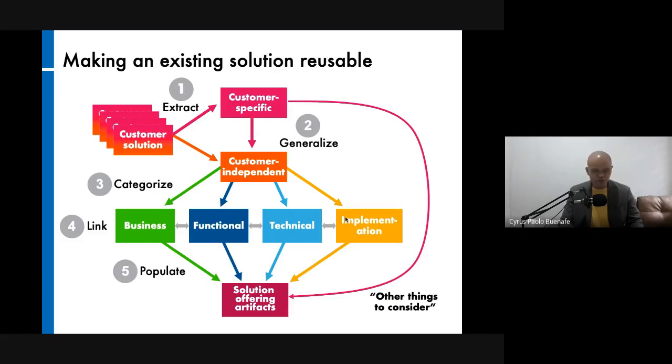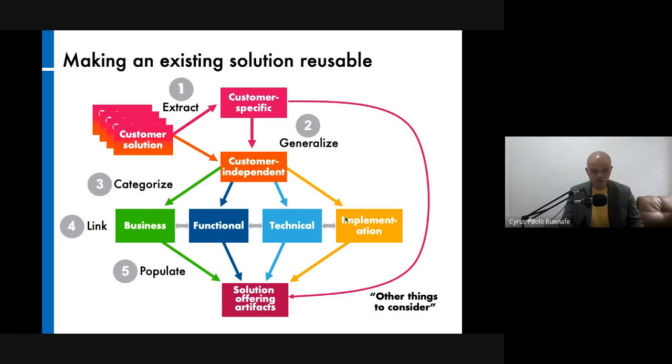And from your customer independent elements, you categorize them according to the 4 views. It's like you have 4 baskets. You chop down what is customer independent, and you just throw it into the baskets.